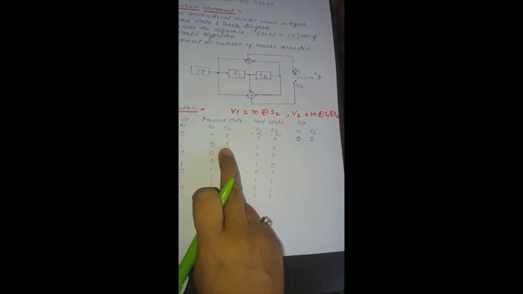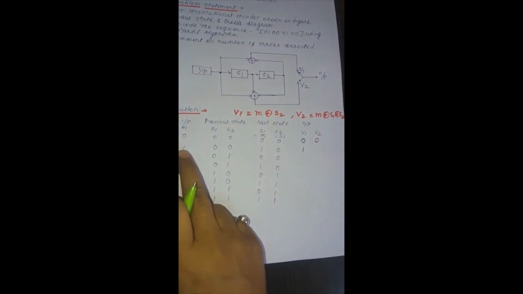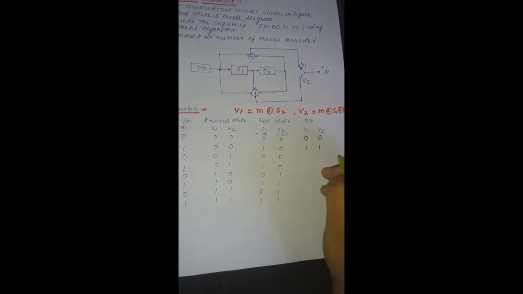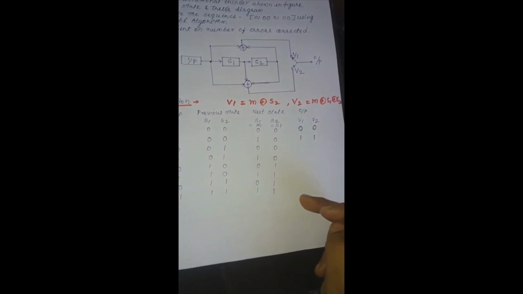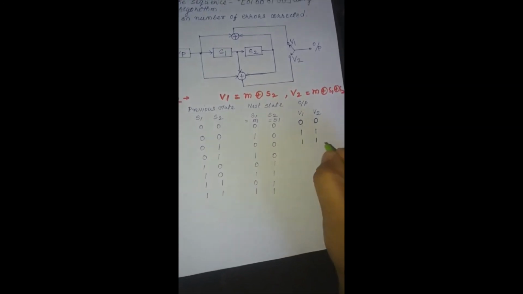The value of M is 1, S2 is 0. So the value of V1 is 1 and V2 is 1 XOR 0, 1. So we get V1 and V2 as 1, 1. In the similar fashion, we'll write down the outputs V1 and V2 for all the states.